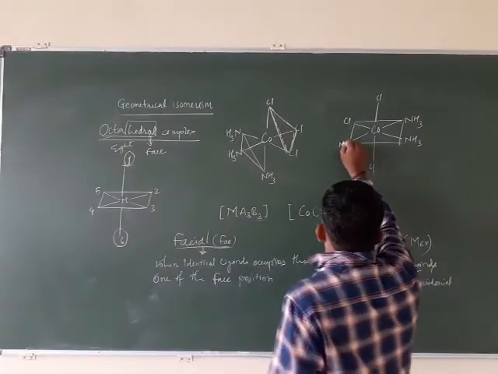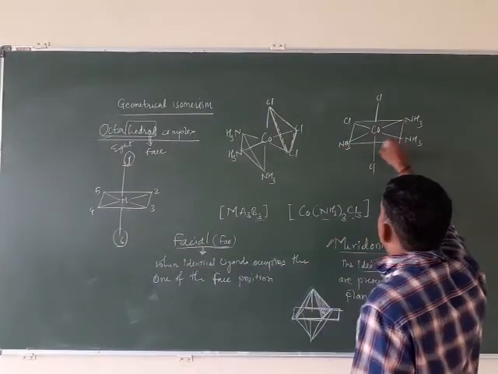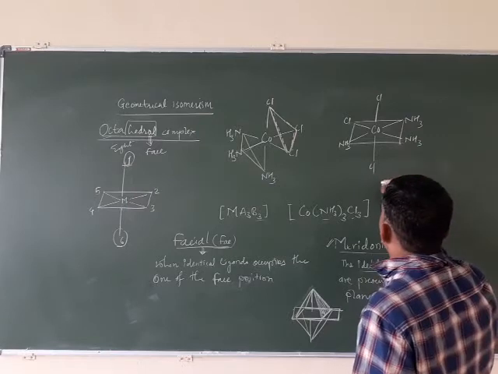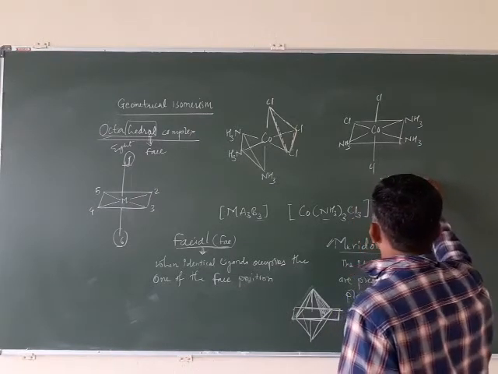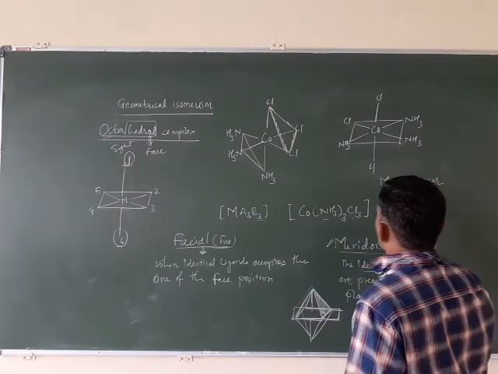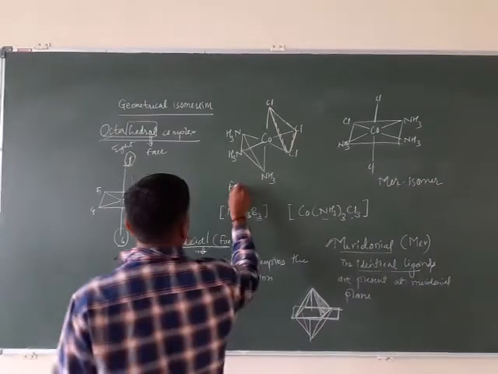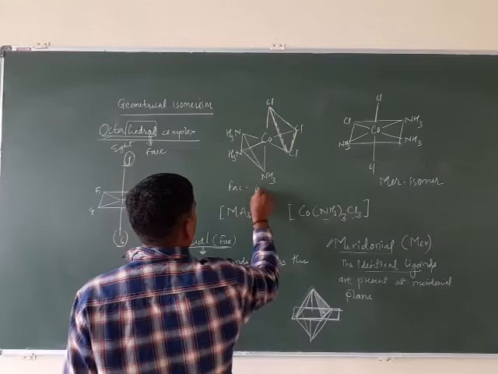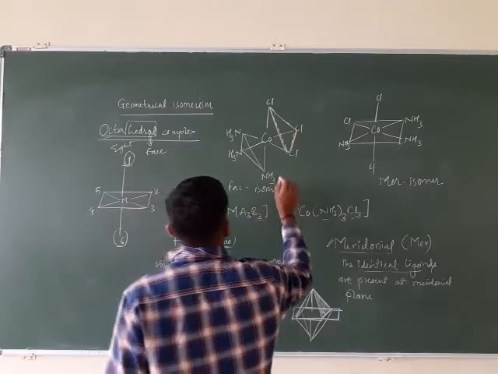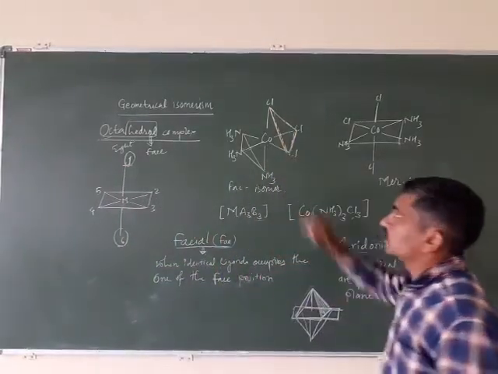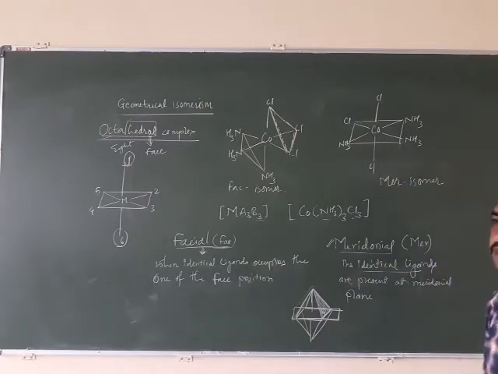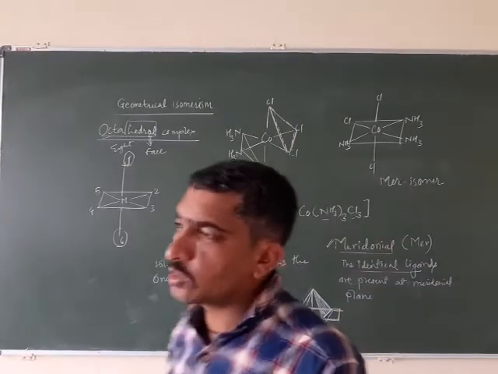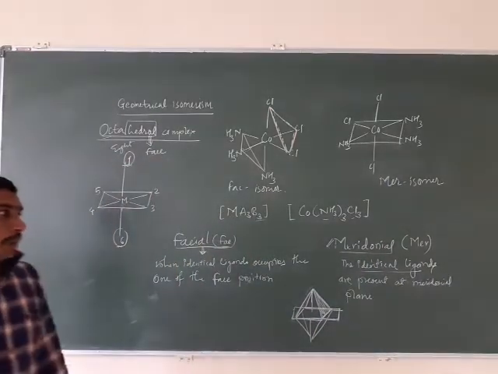They are present at these meridional points, and that's why we call it the mer isomer. And this is called the fac isomer, because the identical ligands are present on the face, while in the mer isomer they are present in the plane passing through the center of geometry.